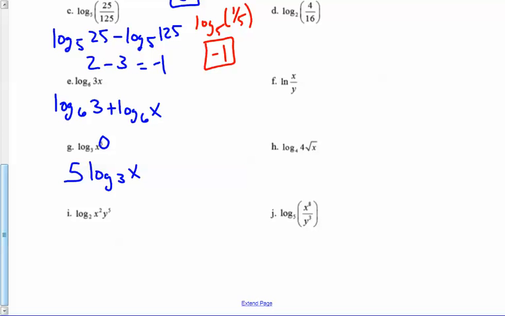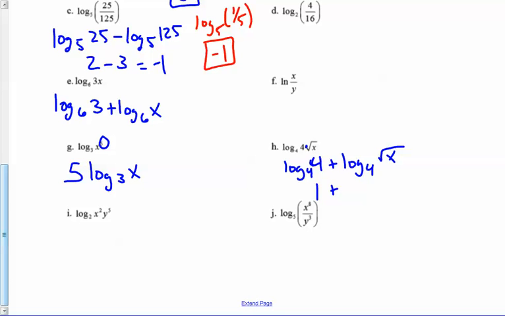So let's talk a little bit about radicals. Log base 4 of 4 plus log base 4 of the square root of x. Alright, because this is multiplication, you have to expand that. And what I can do now is log base 4 of 4, anytime you take the log of a number that has the same base, it's always going to be 1.